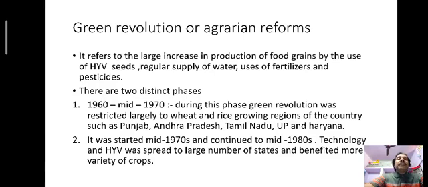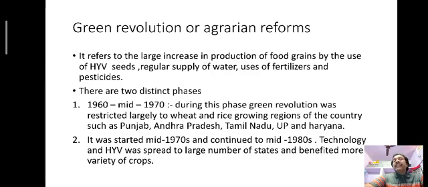The maximum emphasis was given to the production of wheat and rice, and only a few states were selected, such as Punjab, Andhra Pradesh, Tamil Nadu, and UP. Those were the three main states, but I have taken here two states also, Uttar Pradesh and Haryana.